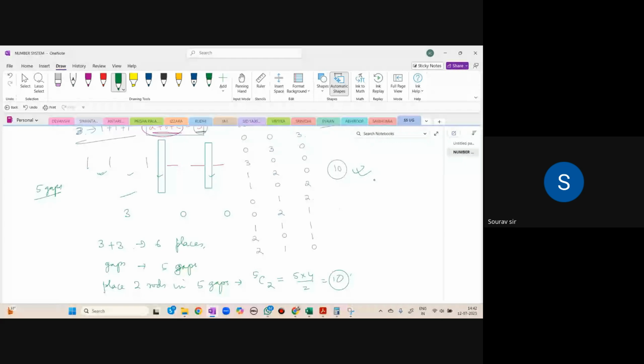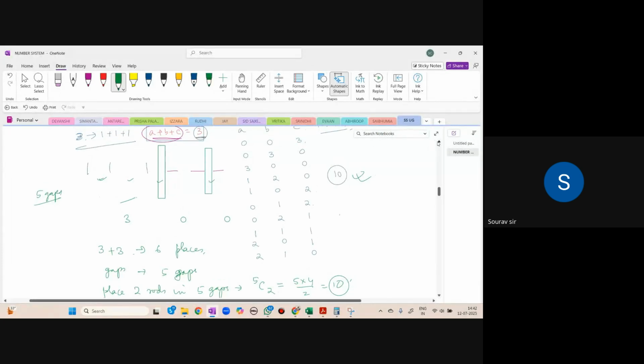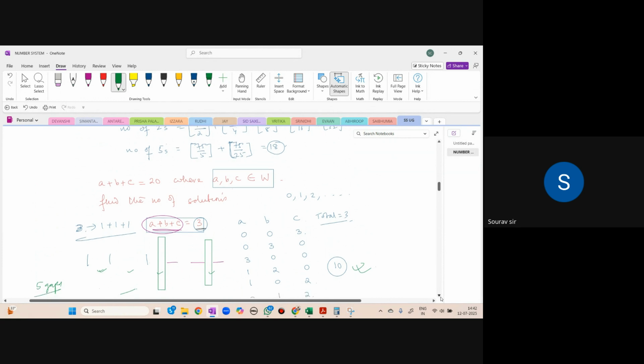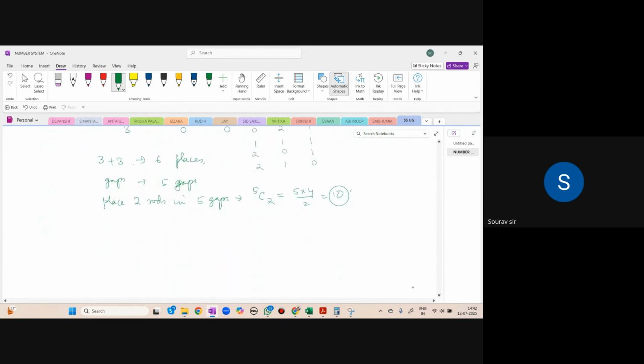You are dividing n things among r people without any condition. Now, if you look at this question, a plus b plus c equal to 20, you should be able to tell me the solution.